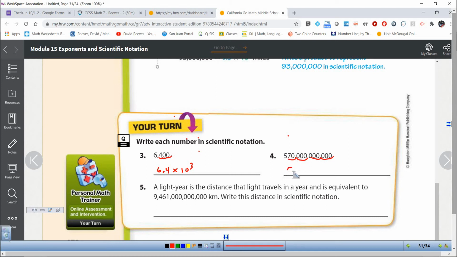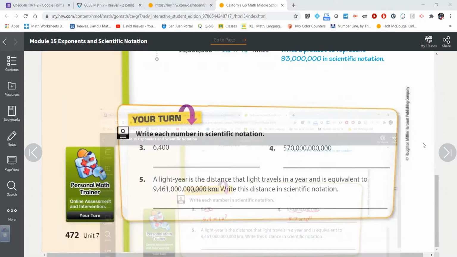So I'm going to go 5.7 times 10 to what power? 3, 6, 9, 10, 11. 5.7 times 10 to the 11th power. All right. So that's how you convert a very large number to scientific notation.